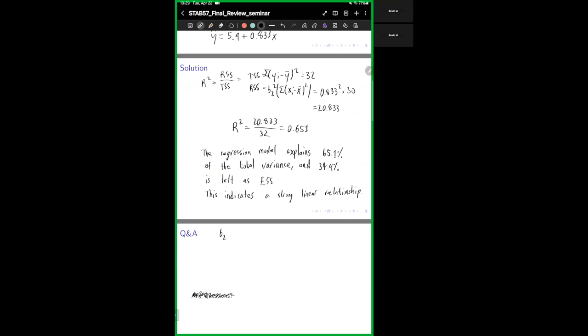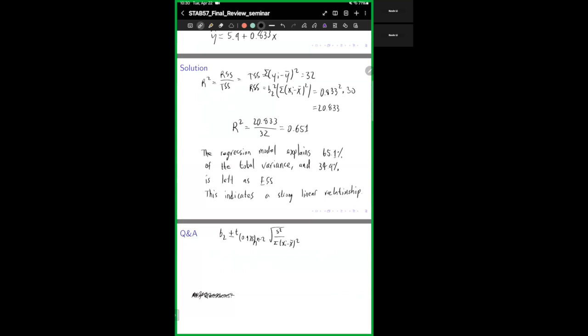So we're going to say B2 plus or minus the T value for the 95% confidence interval, which is 0.975 with n minus 2 degrees of freedom, times the standard error. And the standard error, if we can remember, is equal to the sample standard deviation over the square root of the sum of xi minus x bar squared.